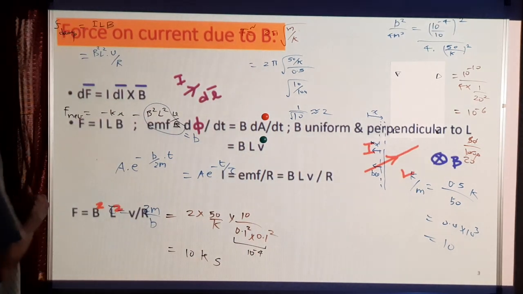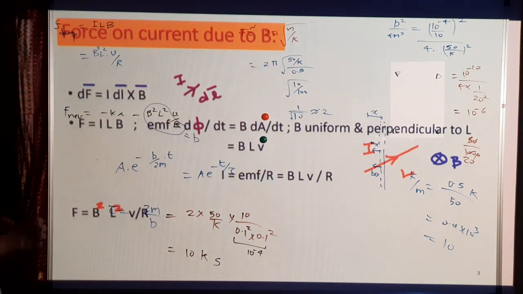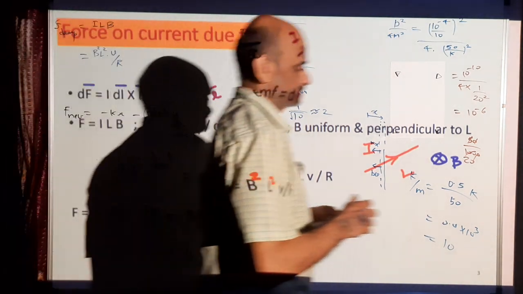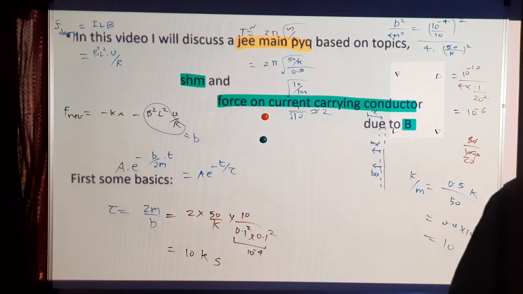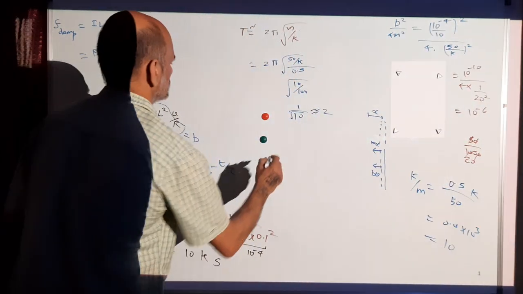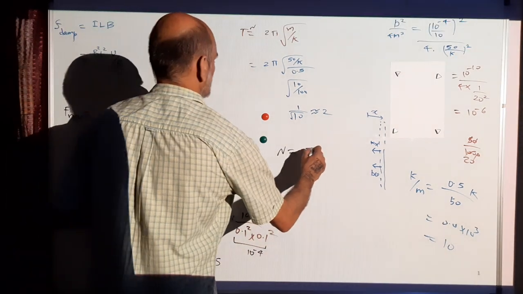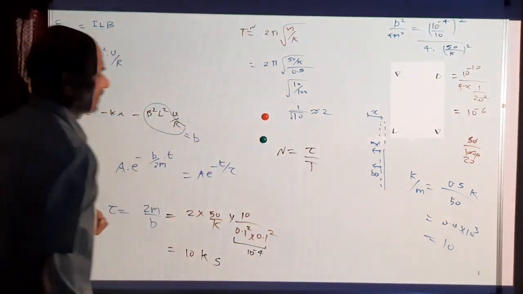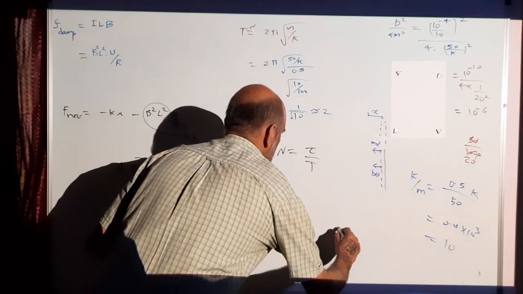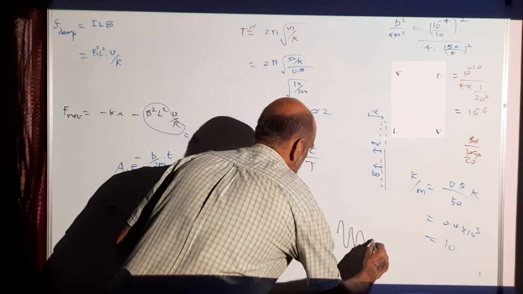So how many oscillations are there in this 10k seconds? So n will be tau divided by T. This is the time period of one oscillation, and then it starts decaying and keeps on decaying.